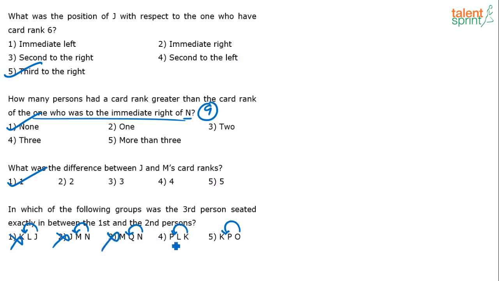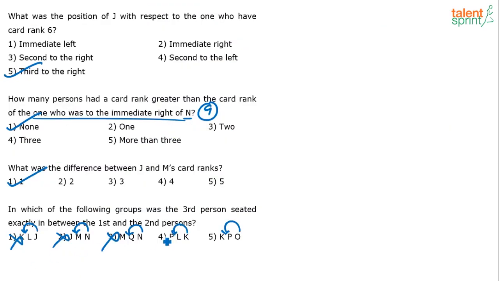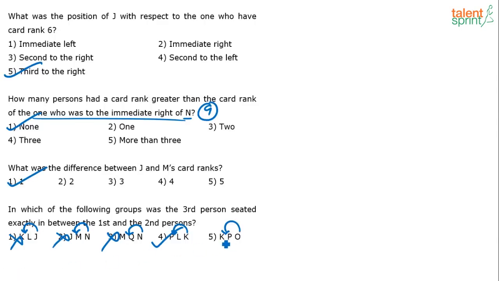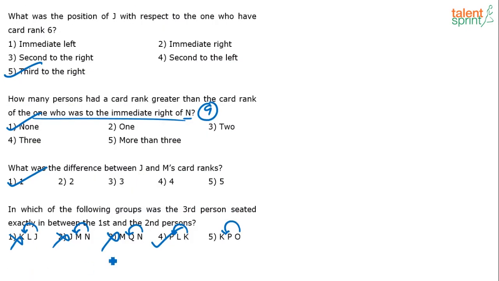K between P and L? Yes, you see this set here, K is between P and L, so option 4 is the answer. The fifth option need not be verified, but we can check if you want. Is O between K and P? No, O is not between K and P.